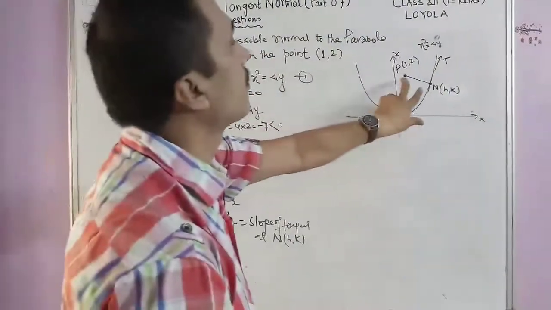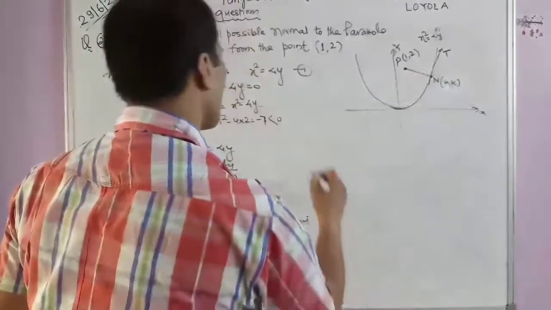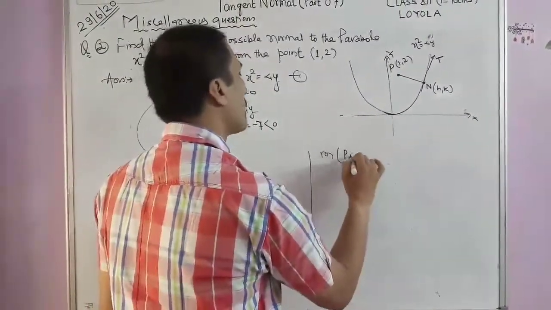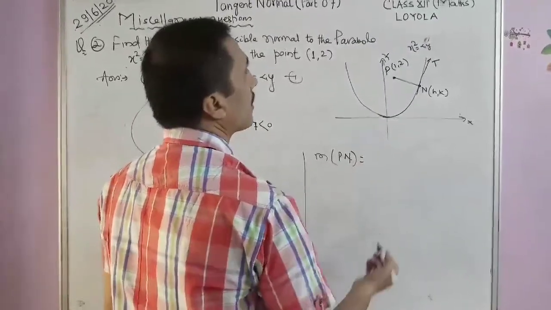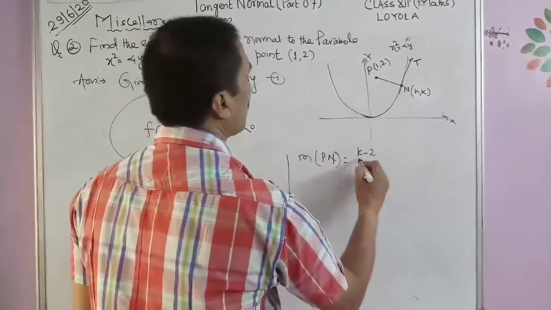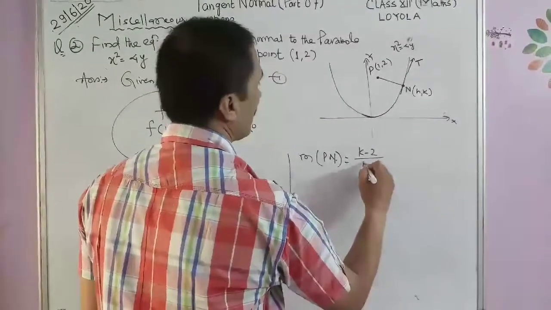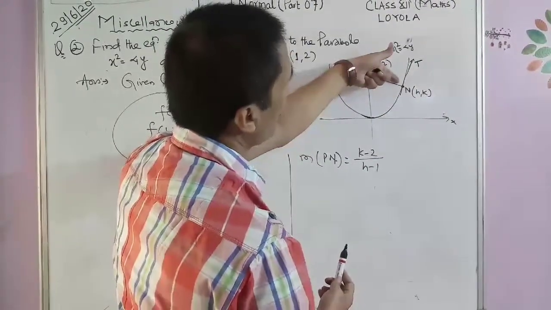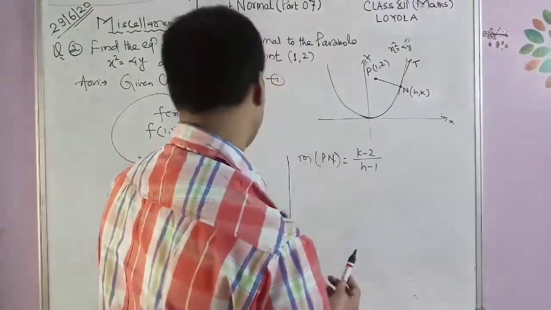From coordinate geometry, slope of PN equals k minus 2 over h minus 1, the difference of y coordinates upon the difference of x coordinates. Slope of normal is (y1 minus y2) upon (x1 minus x2).